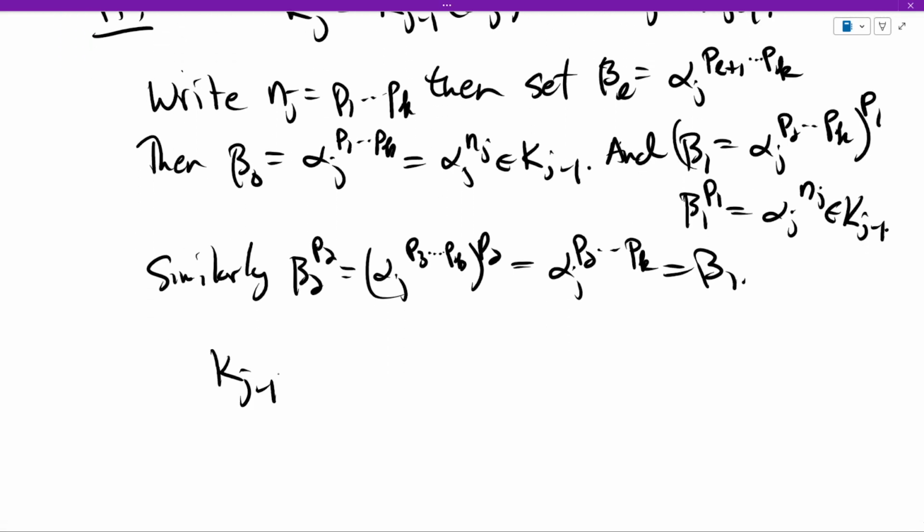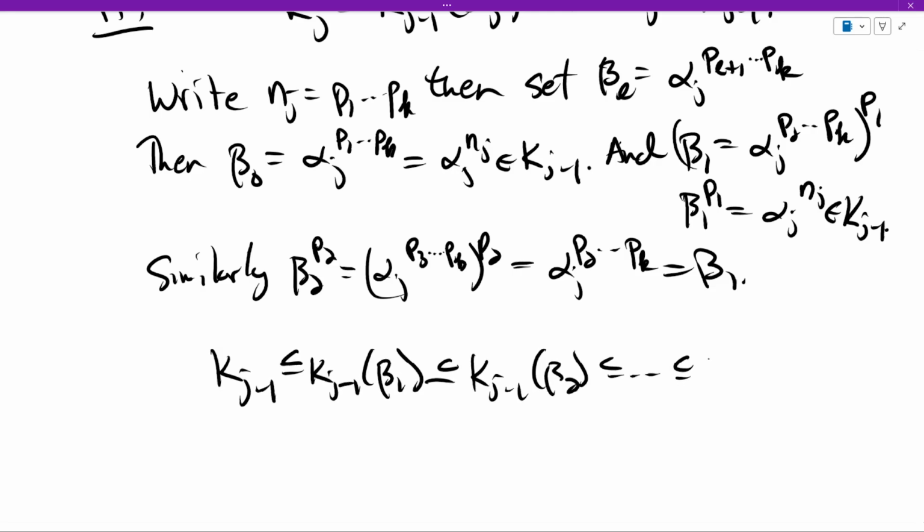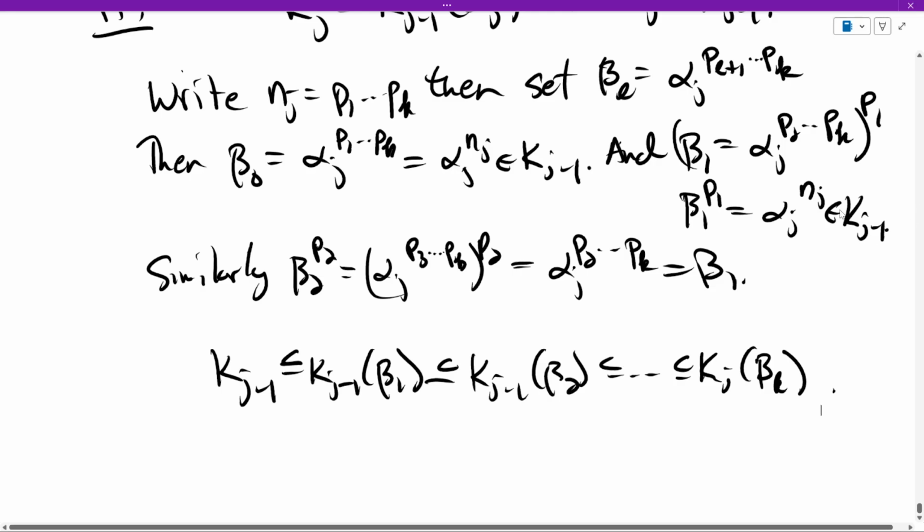We say kj minus 1 is where we're going to start, and then we add in beta 1, and then we add in beta 2, and so on, all the way up to beta k. Okay, so you can always refine it so that it's prime.